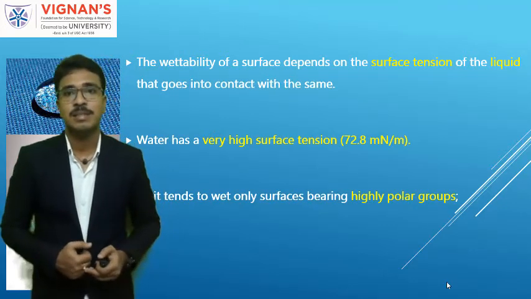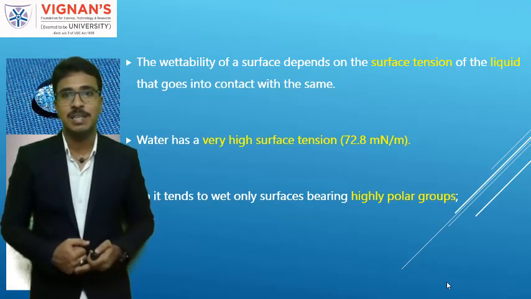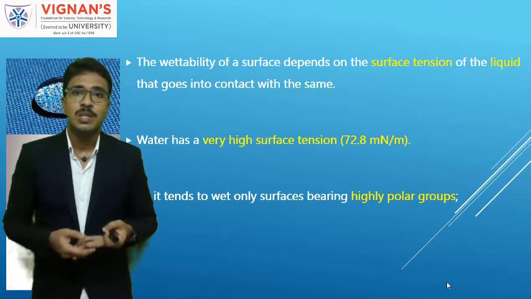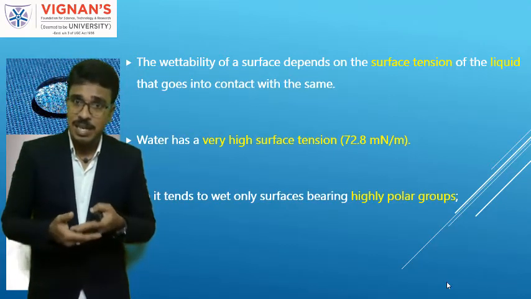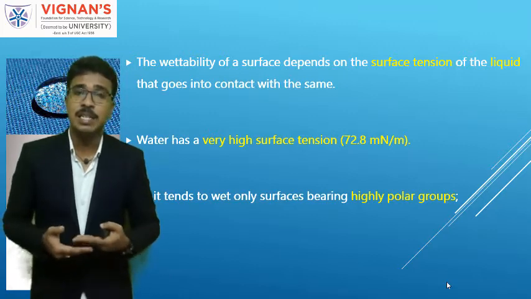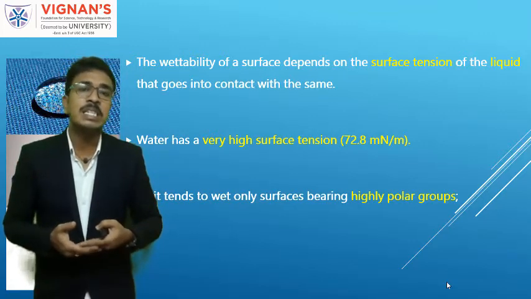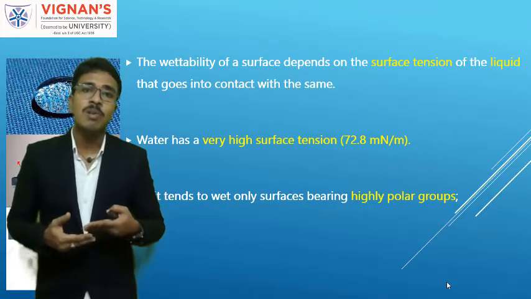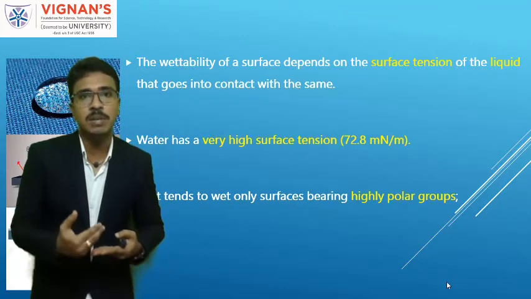Is that simple? Why? Because we have already discussed in the previous slides that in a wetted surface, the surface energy present in the solid should always be higher than the surface tension of the liquid or water particles.